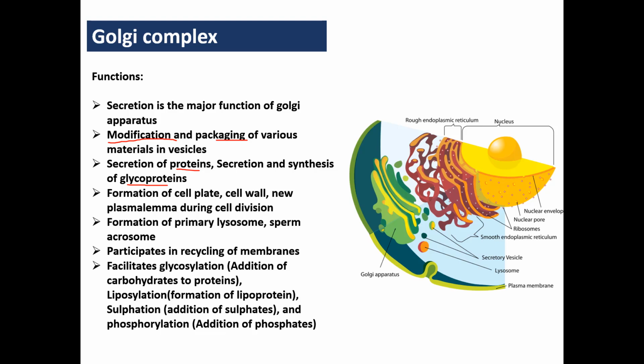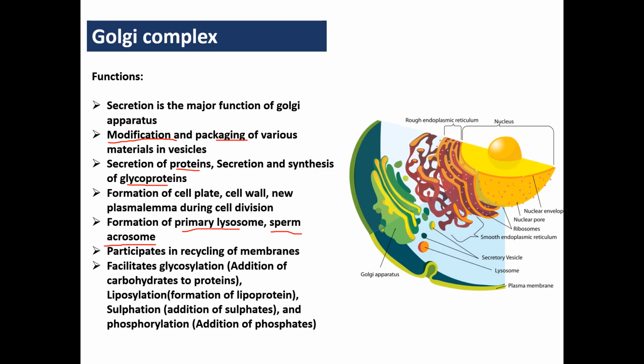Primary lysosomes are acidic compartments which arise from the Golgi apparatus, and then they get modified. And sperm contains an acrosome, which contains various enzymes which are needed to degrade the extracellular matrix leading to the ovum.